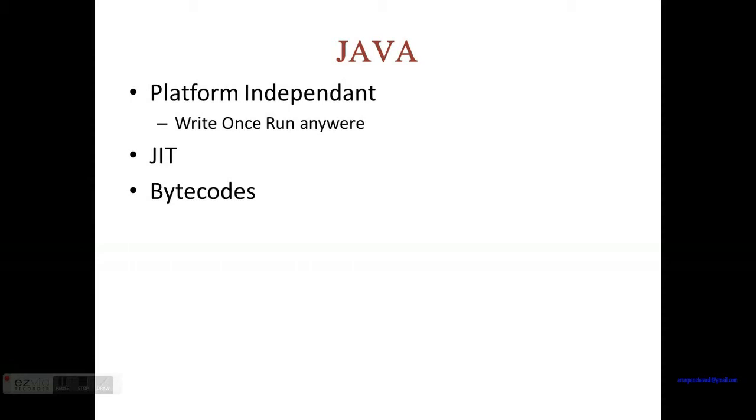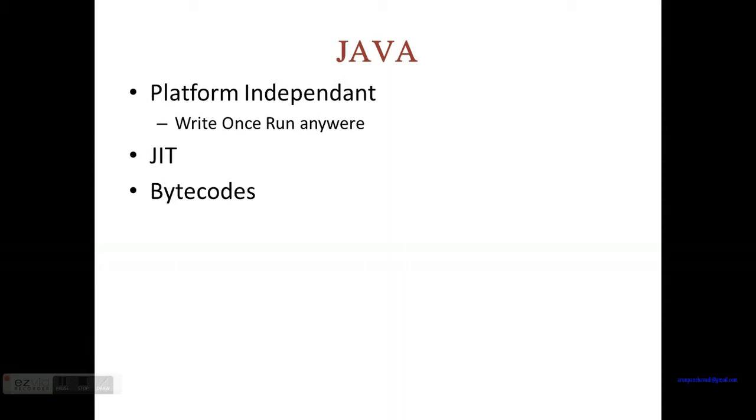Okay, and how Java runs is it uses a technology called just in time. What does just in time invocation mean? At the time of execution only, your program code is converted into machine language.